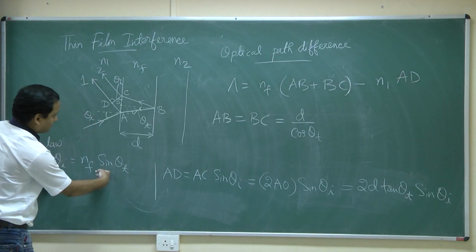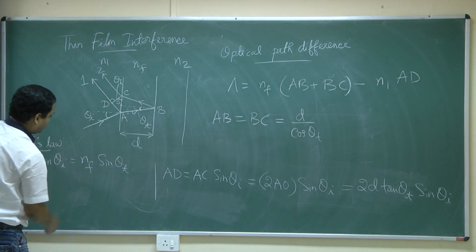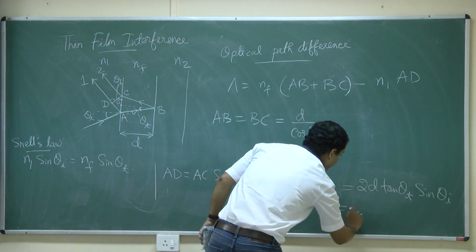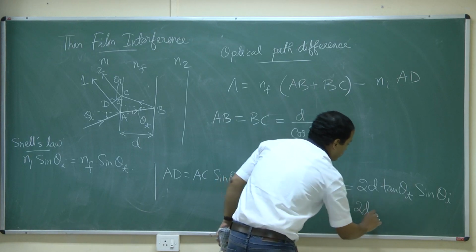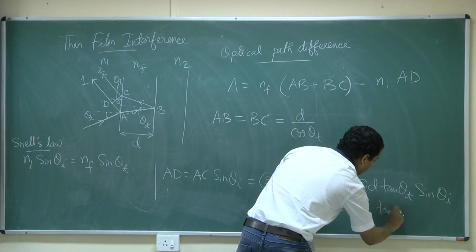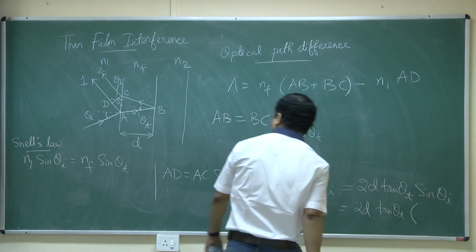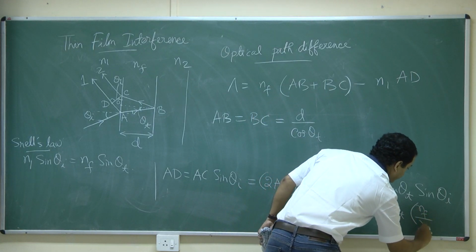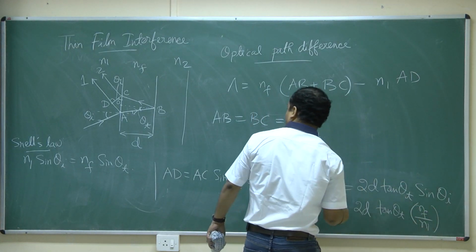So, sine theta I would be just nf by n1 times sine theta t. So, I will write this as 2d tan theta t, and here sine theta I as nf by n1 times sine of theta t.